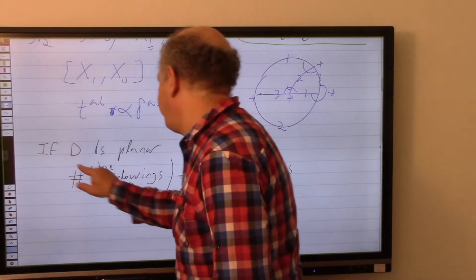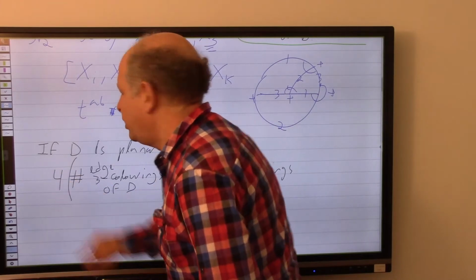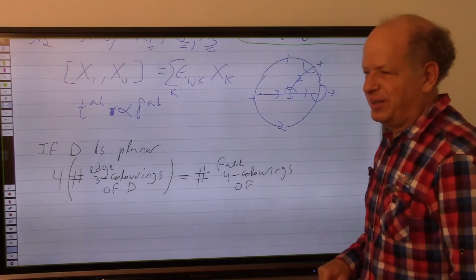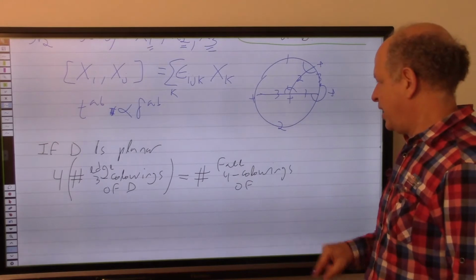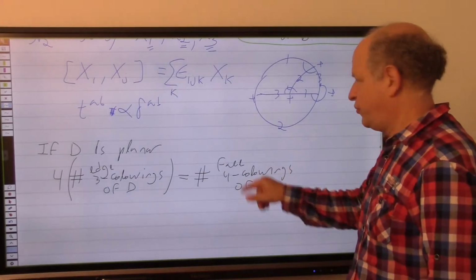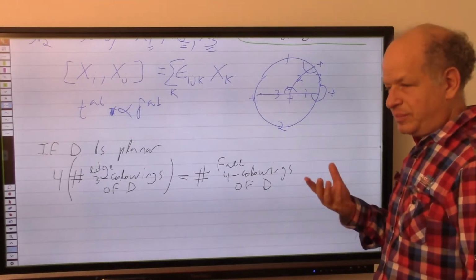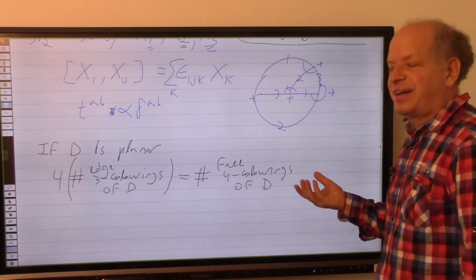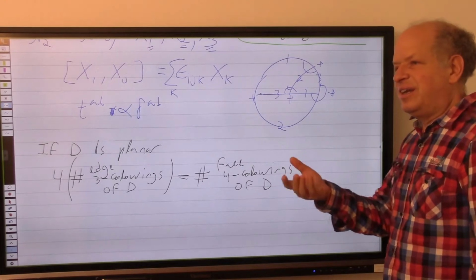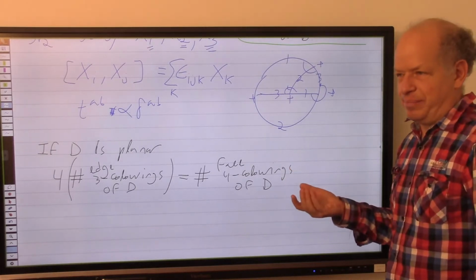I think there is a factor of 4 here, and when I say face 4 colorings, I mean the same thing that appears in the 4-color theorem.